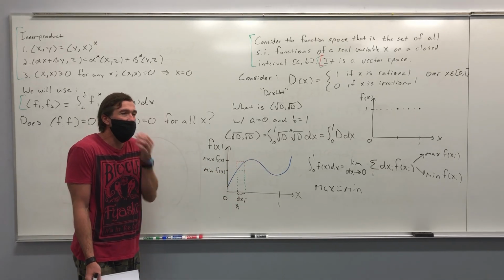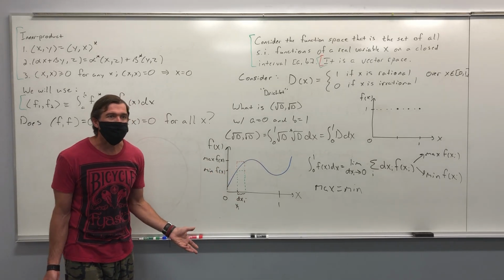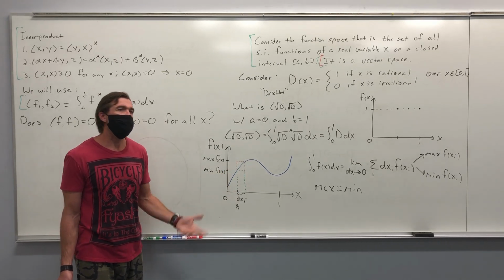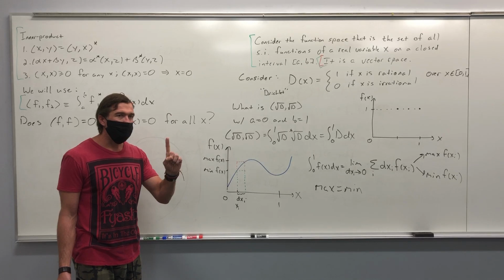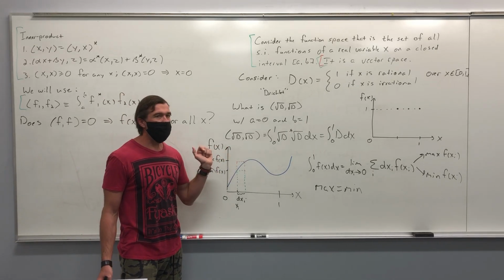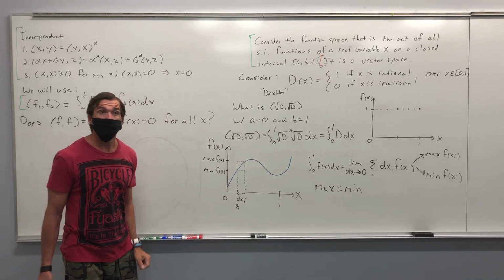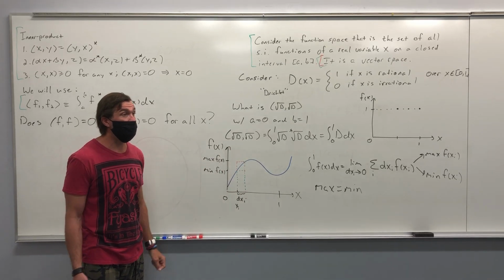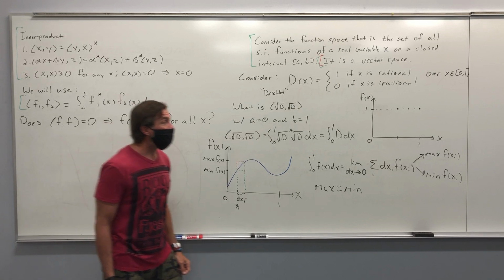Because otherwise, if they don't give you the same answer, which one do you use? Or are there two answers to what is this integral? No, there's only got to be one answer. And if you've got these two different methods to approach it, they have to give you the same result. Okay? And this is true. This happens for pretty much everything that you've ever integrated. Except for this.